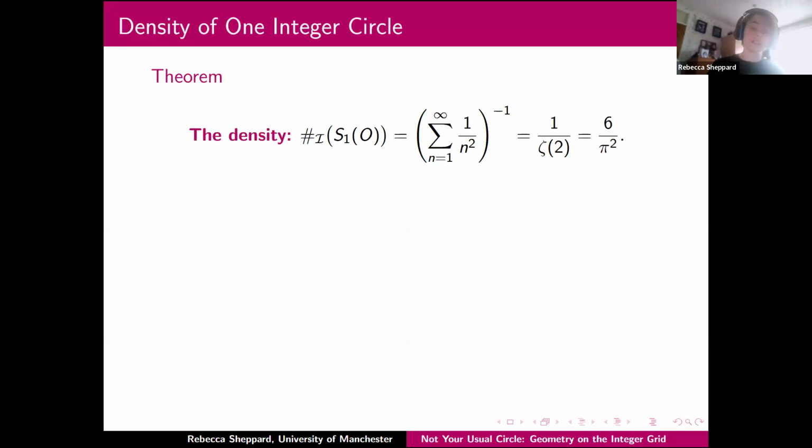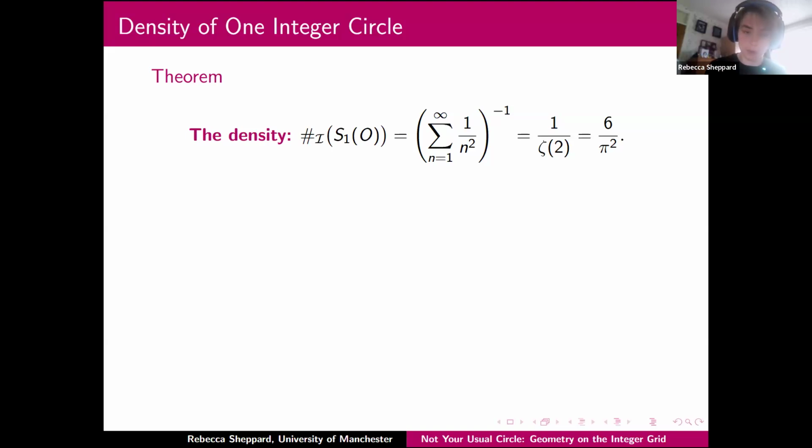So the theorem is that the density with respect to this I of a unit integer circle centered at a point O is 1 divided by the sum from n equals 1 to infinity of 1 over n squared. If you're familiar with number theory, you'll know that this thing on the inside is the zeta function. So this is 1 over the zeta function of 2, and that is 6 over pi squared.